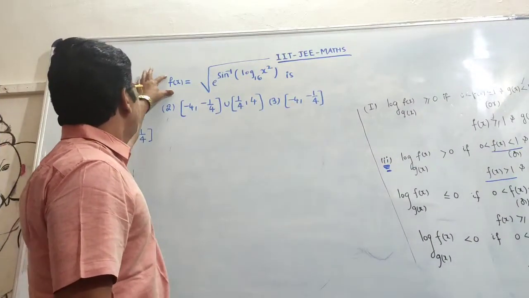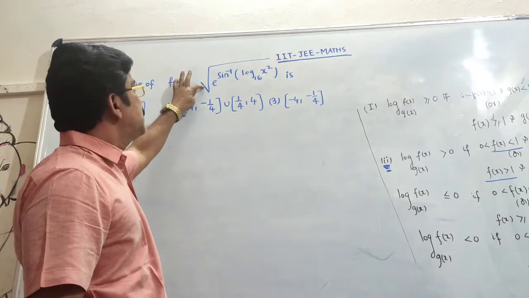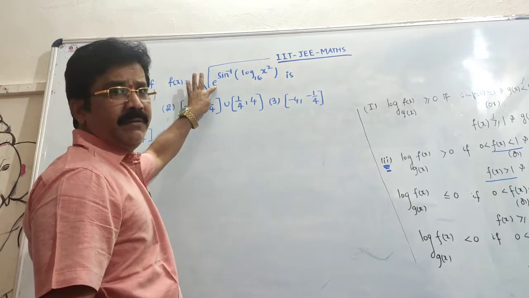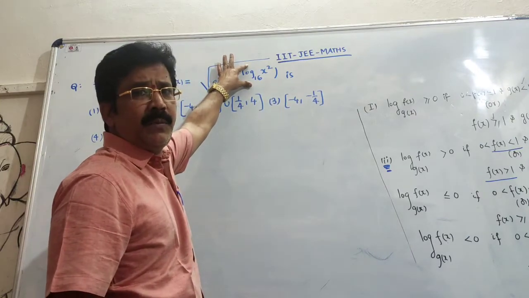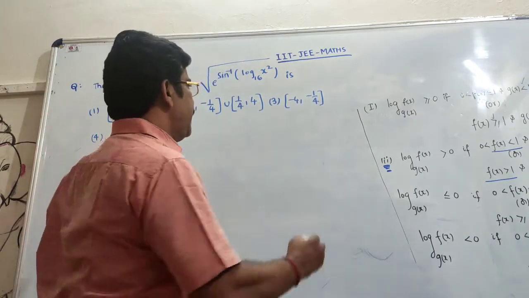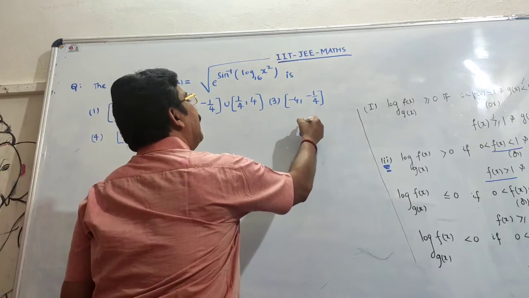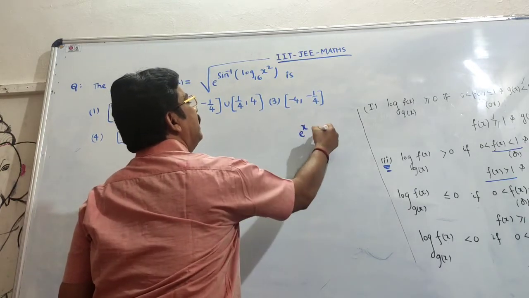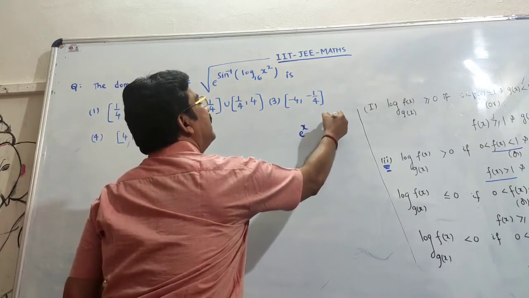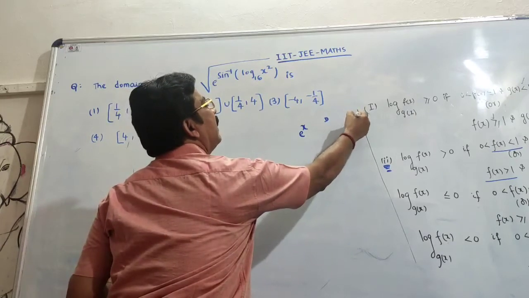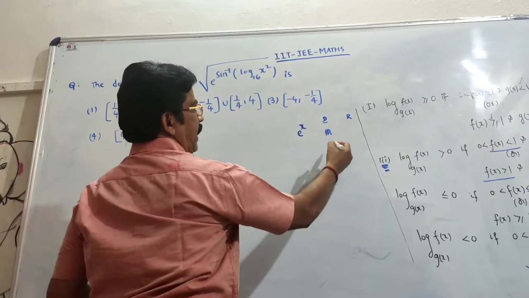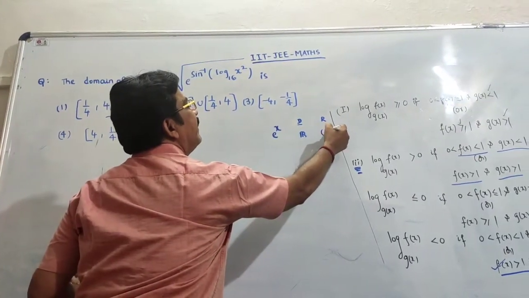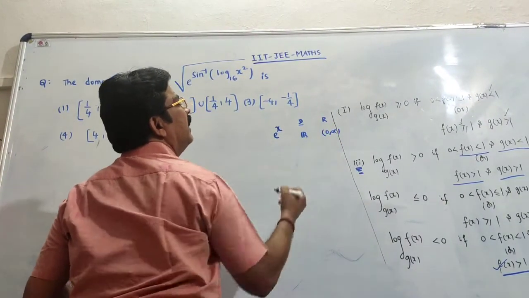The domain of f of x equal to square root of e power sine inverse of log x square to the base 16. Actually, for e power x, this is the domain, and this is the codomain or range. Domain will be any real number and range will be the open interval 0 to infinity.